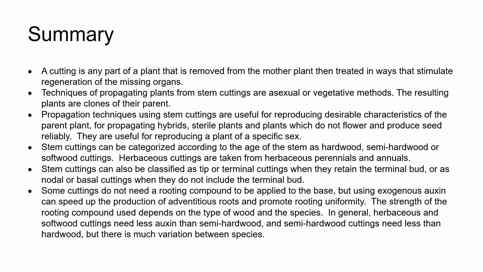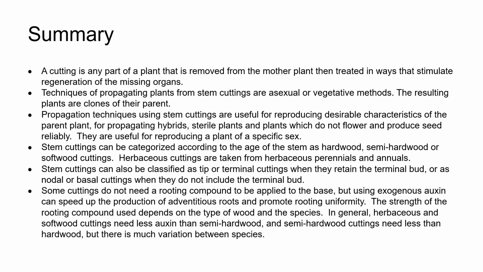Stem cuttings can be categorized according to the age of the stem as hardwood, semi-hardwood, or softwood cuttings. Herbaceous cuttings are taken from herbaceous perennials and annuals. Stem cuttings can also be classified as tip or terminal cuttings when they retain the terminal bud, or as nodal or basal cuttings when they don't include the terminal bud.